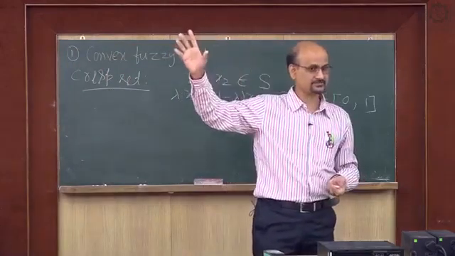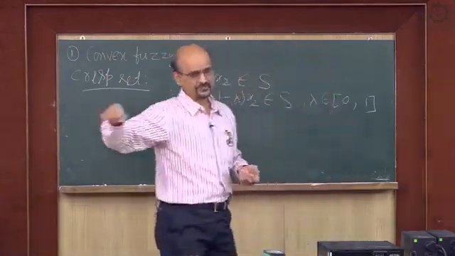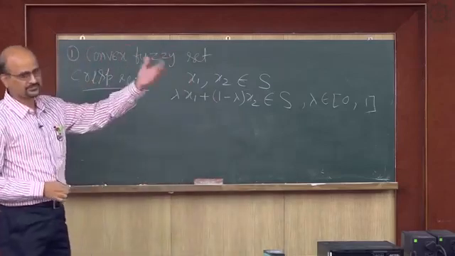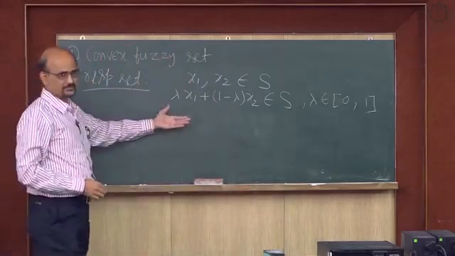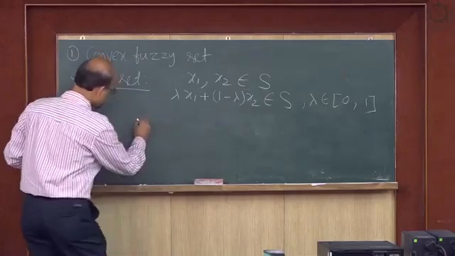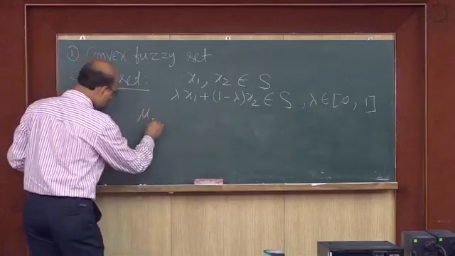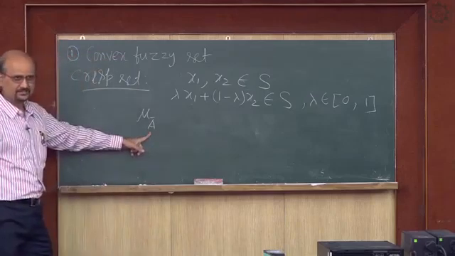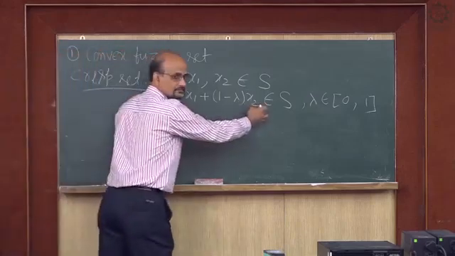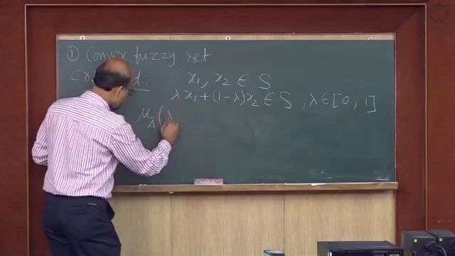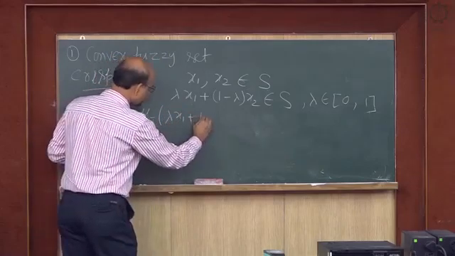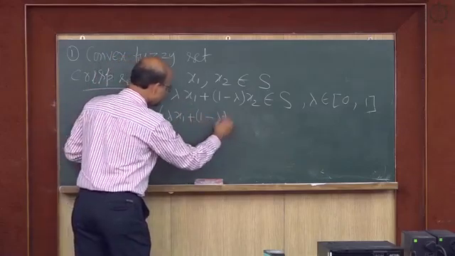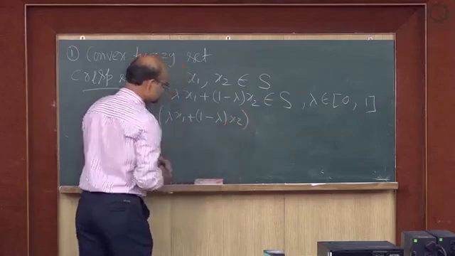The main difference here is the membership function, because along x axis you have the elements, no problem. So, let us have the membership function, that means mu of A bar of lambda x1 plus 1 minus lambda x2.